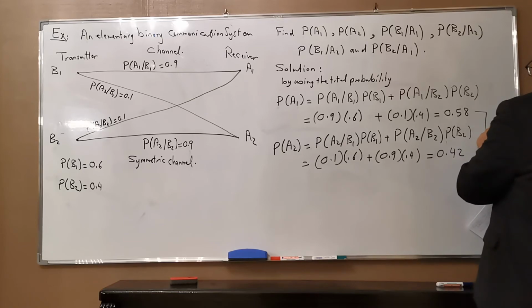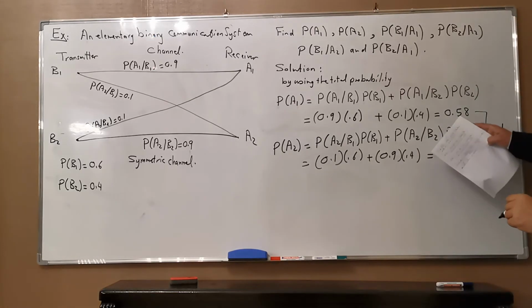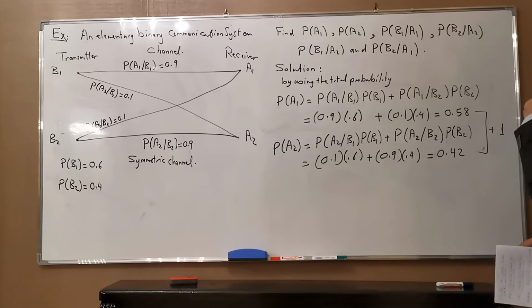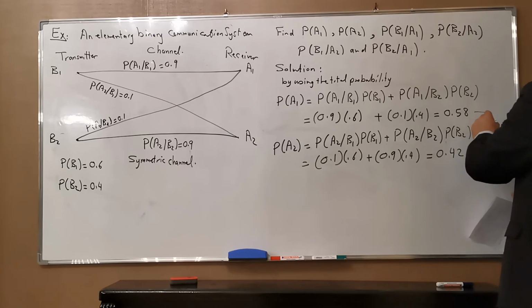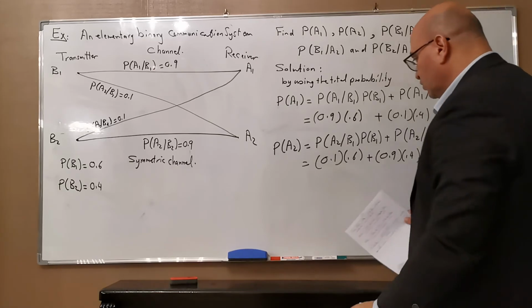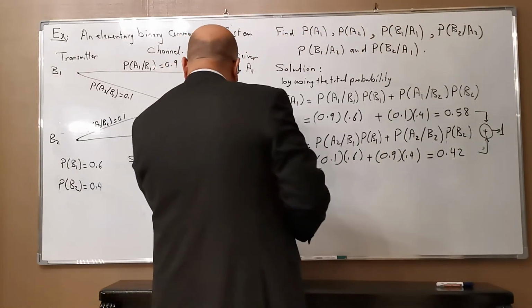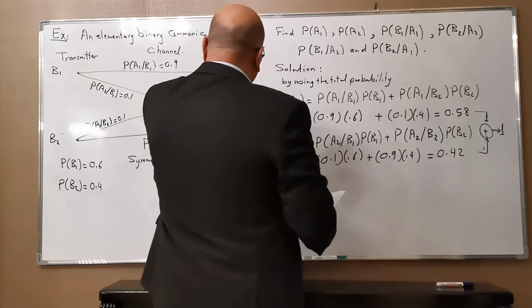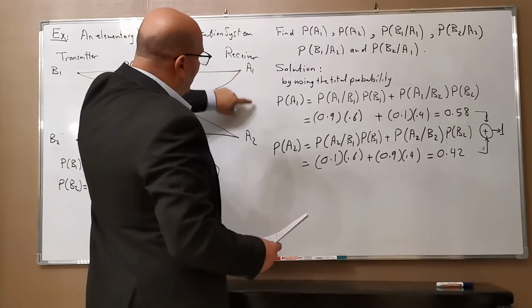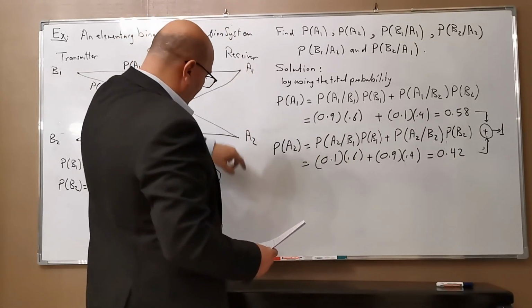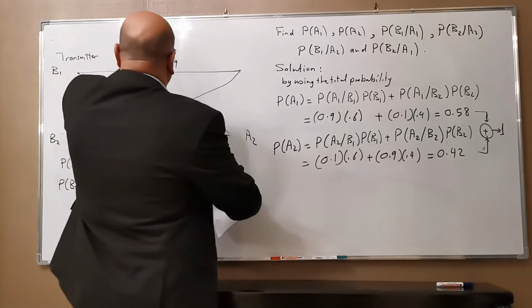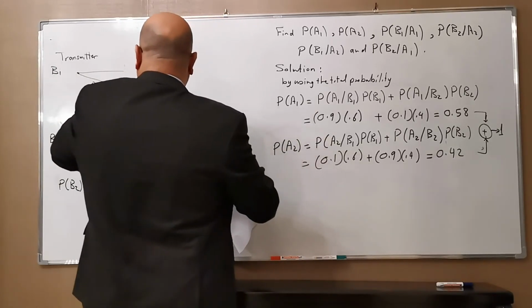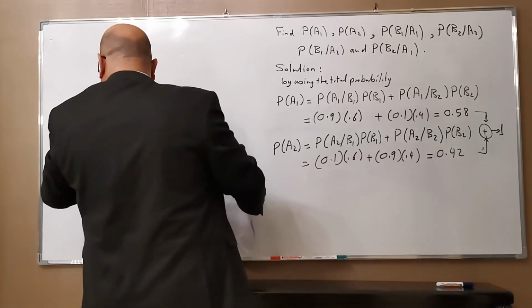Notice that the addition of those two is equal to 1, which is what we are actually looking for. You have only two outputs, and their probabilities should sum to unity. So the total sample space at the receiver should also be a certain event.